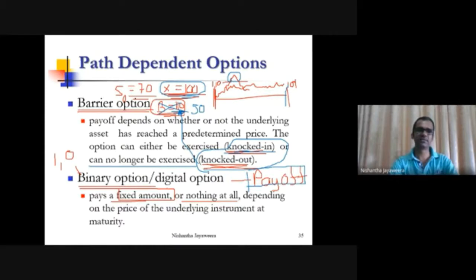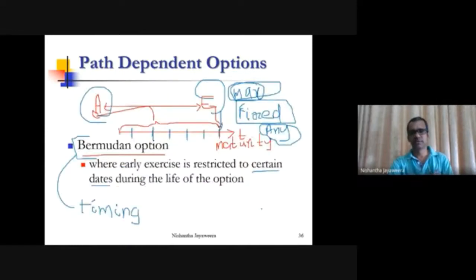That's the difference in a binary option: whether you get a fixed amount or nothing at all. Bermudian option, again, is path dependent, because there are specific times where you can exercise your right. So all these are different types of options.